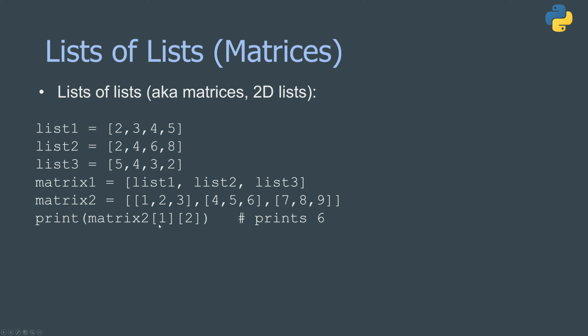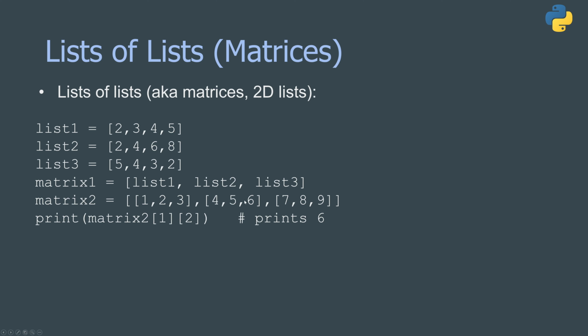Okay, so if I just say matrix 2 square bracket 1, it gives me this whole list 4, 5, 6. But if I say square bracket 1 and then square bracket 2, this square bracket applies to the list that matrix 2 square bracket 1 produces. So matrix 2 square bracket 1 produces the list 4, 5, 6. So matrix 2 square bracket 1 square bracket 2 gives me the third element of that list. 0, 1, 2.